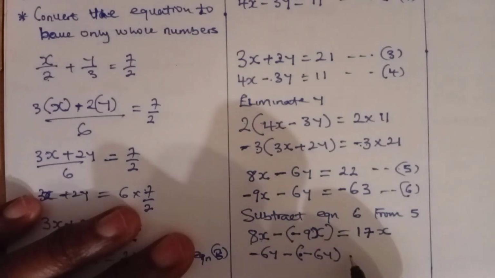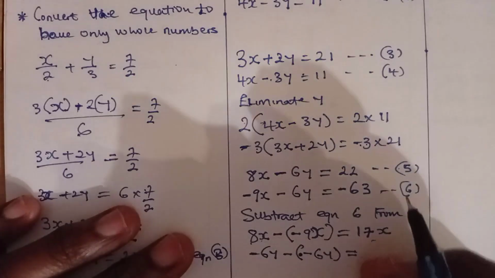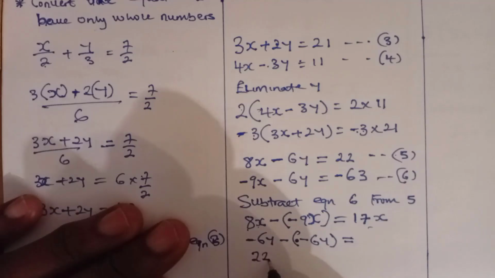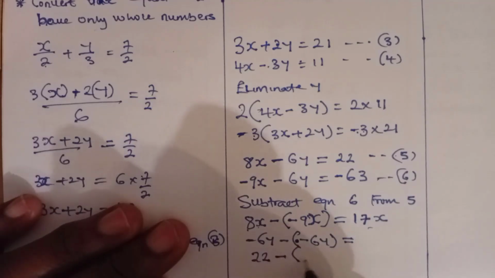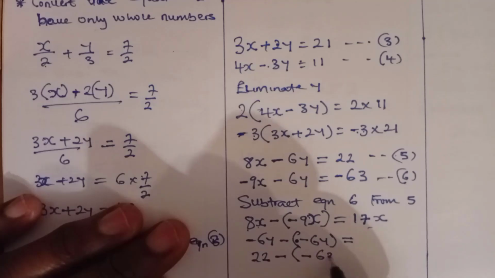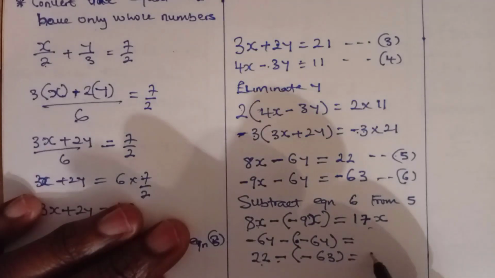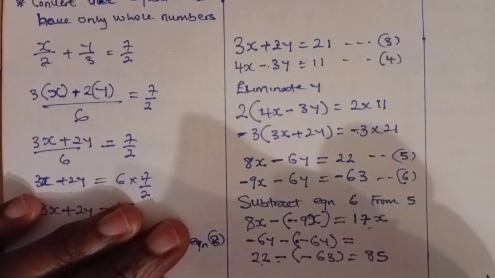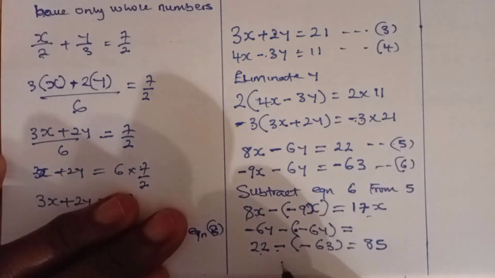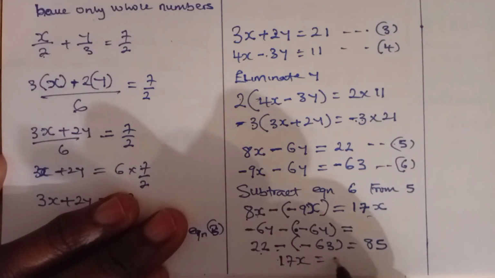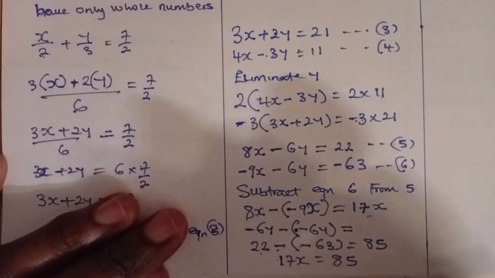So this is going to cancel out. So we have nothing there. And then we have 22, right? Minus 63. So 22, minus times minus is going to give us plus. So we have 22 plus 63, which is going to give us 85. So at the end we have 17x is equal to 85.